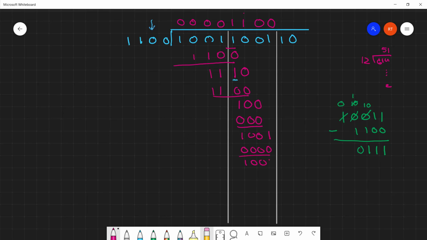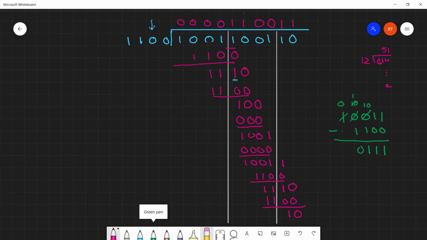10011. Now it so happens that we did this earlier and we saw that 1100 goes into it. So we put a 1, multiply, and the subtraction is the same, so we know the result is 111. Bring down that next digit and we get 1110. We saw this earlier too, and we know that the 1100 goes in, so put a 1, multiply, and then subtract to get 10.